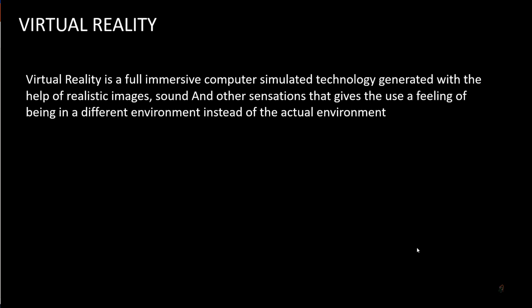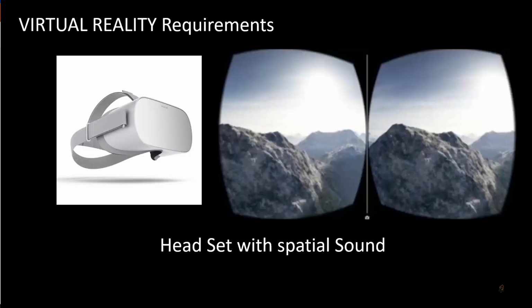of realistic images, sound and other sensations that gives the user a feeling of being in a different environment instead of the actual environment. In the case of virtual reality, it is like watching a film.